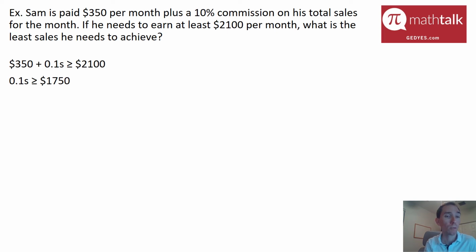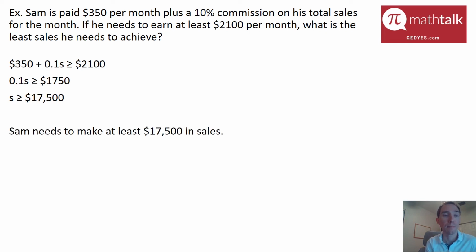Even better yet, multiplying by 10, the trick to that is just throw an extra 0 at the end of your answer. And so then we get, in this case, S is greater than or equal to 17,500, which means Sam needs to make at least $17,500 in sales if he wants to earn at least $2,100 this month.